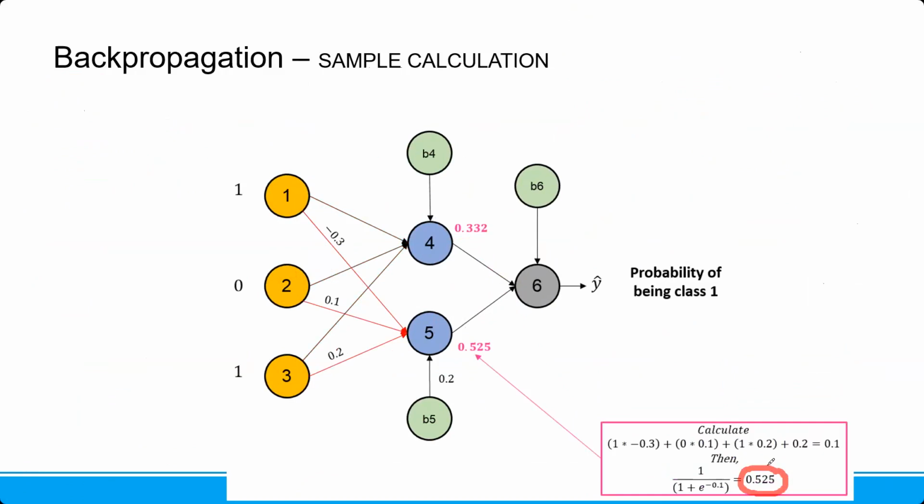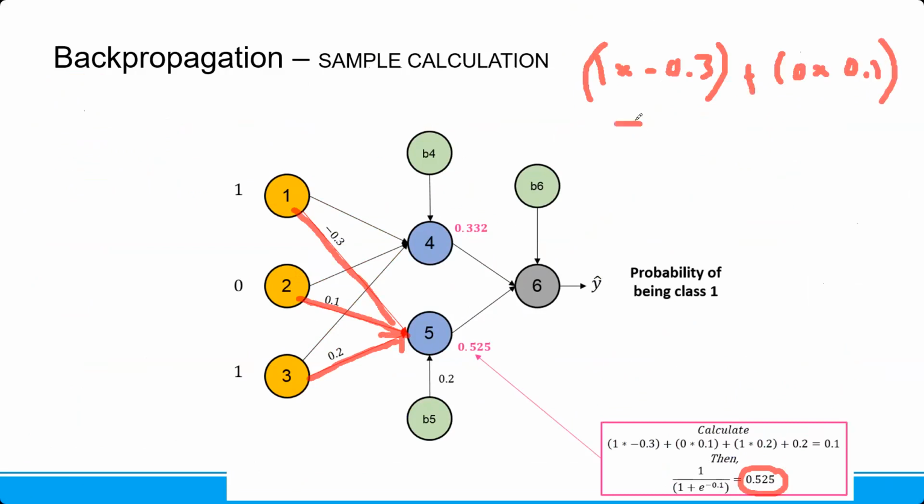So how do we do the calculation? It's the same. We find the weight on every node. So it is 1 multiplied by minus 0.3, plus 0 multiplied by 0.1, plus 1 multiplied by 0.2, and then don't forget plus the bias, which is 0.2.